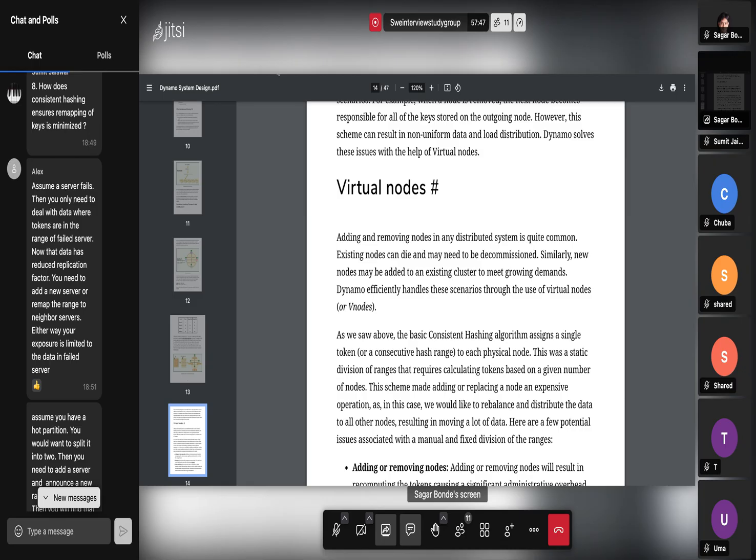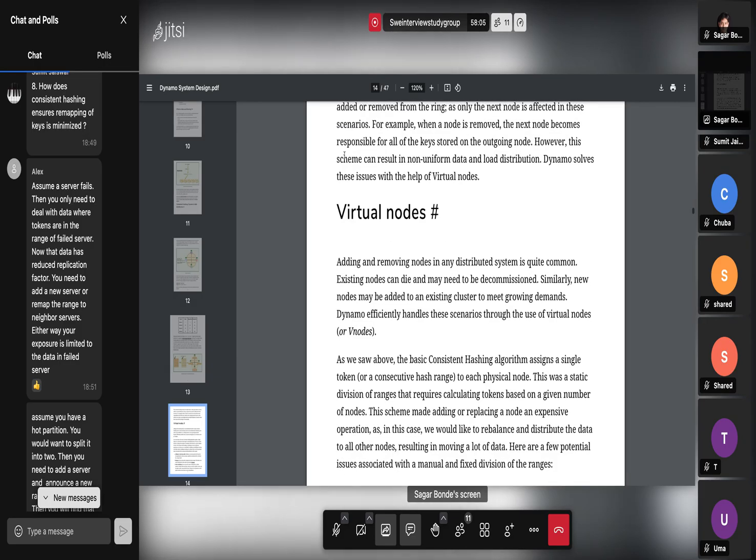As we saw above, the basic consistent hashing algorithm assigns a single token to each physical node.